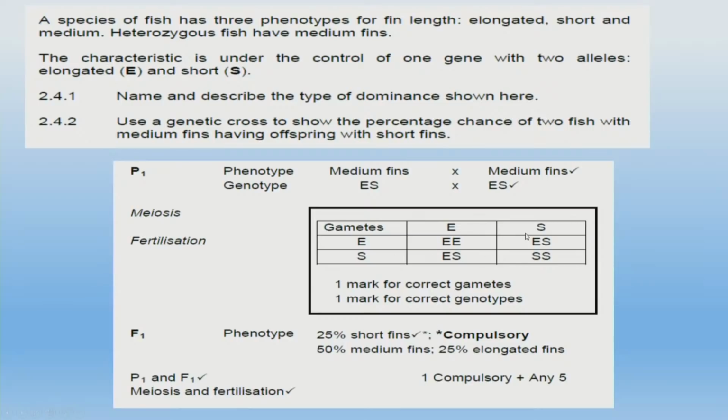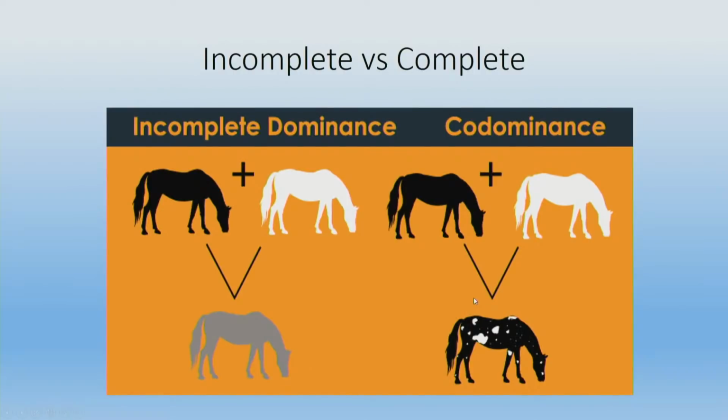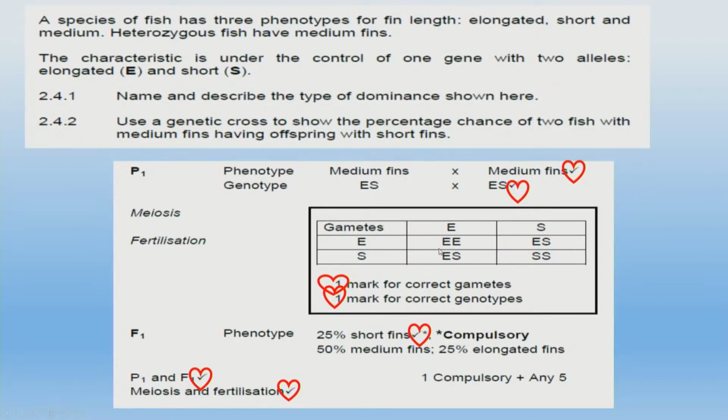Then you have to remember that irrespective of whether it is codominance or incomplete dominance, we use both letters as capital letters. This is just where we allocate the marks, but I put this in to show you that they can ask it in a crossing, but remember, we use capital letters to show the dominance.